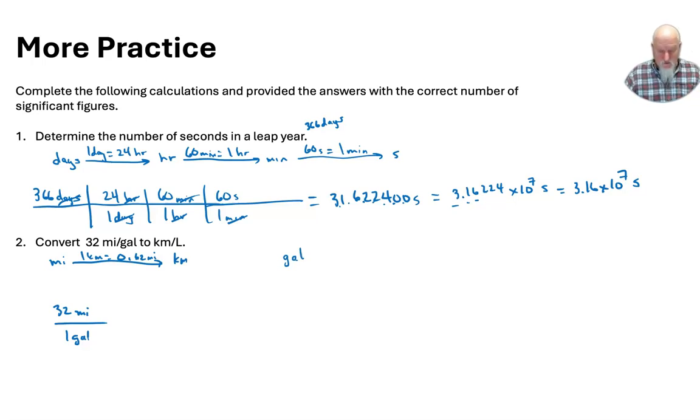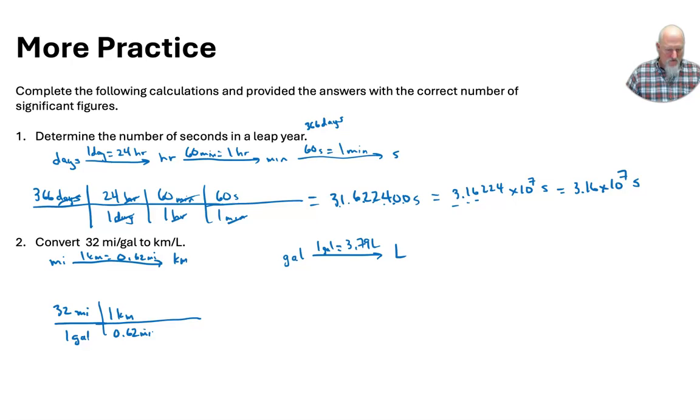So let's see in our conversion table if we have one of those. Oh, we do. Gallon to liter. 1 gallon is equal to 3.79 liters. Oh, so that's not too bad. Okay, so we have miles per gallon. Let's convert our distance first. So we know that 1 kilometer is 0.62 miles.